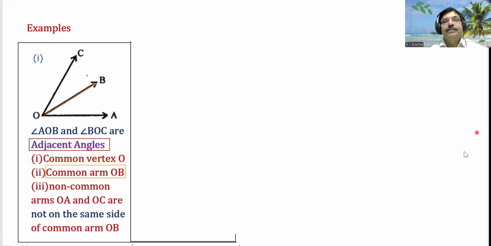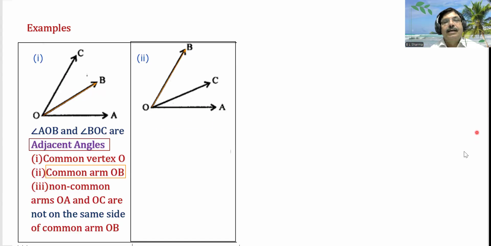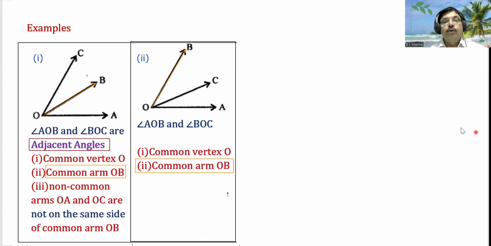Taking the second example. Here we have to consider angle AOB and angle BOC. But see here, here we have changed the arm, OB is here. In AOB and BOC, OB is the common arm. The non-common arms OC and OA are on the same side of the common arm. That is why they are on one side, so these two angles are not adjacent angles. See, they have a common vertex O, no problem. They have common arm OB, no problem.